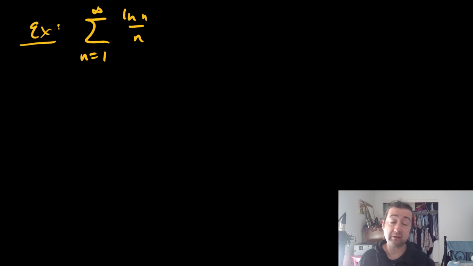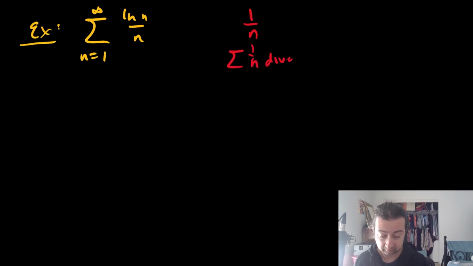We should suspect that this is a divergent series, because we're supposed to remember that 1 over n, which is the harmonic series, diverges. If I add these up, this is divergent. But 1 over n is smaller than the natural log of n over n.